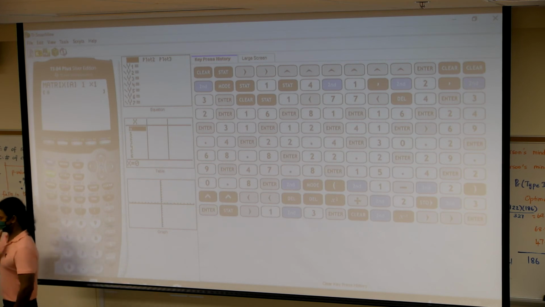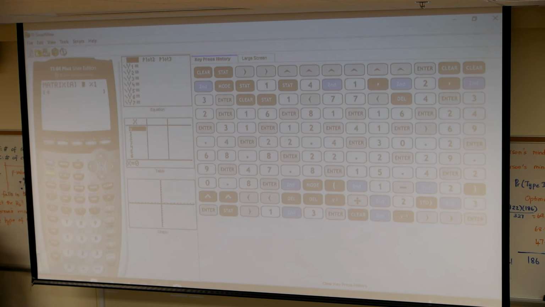In order to do that, I've got to let the calculator know the dimension of the matrix. So it is 3 by 3. There are 3 rows and 3 columns. So I end up getting a matrix. Good. Now we have to start entering stuff.